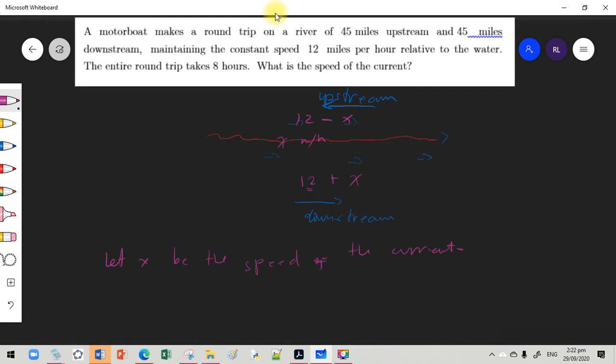Of course, the distance is 45 miles and the same 45 miles, and the entire round trip takes 8 hours.